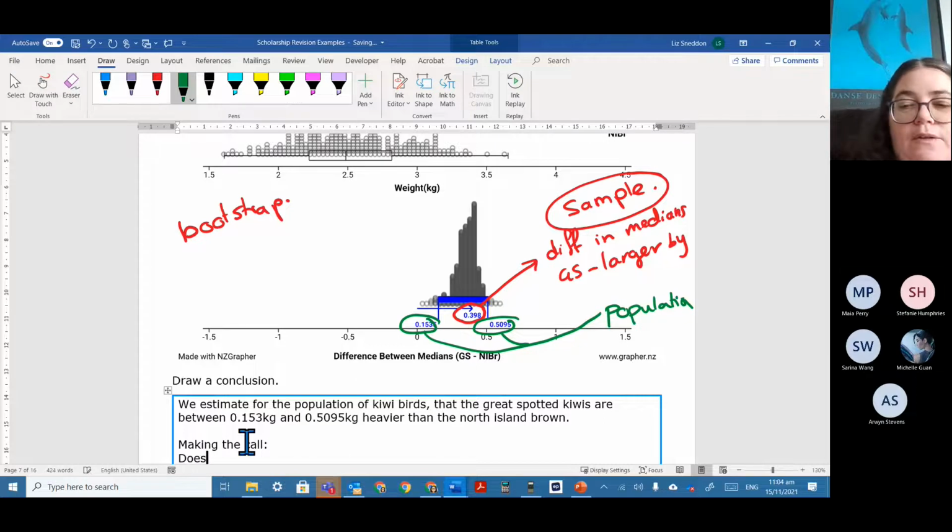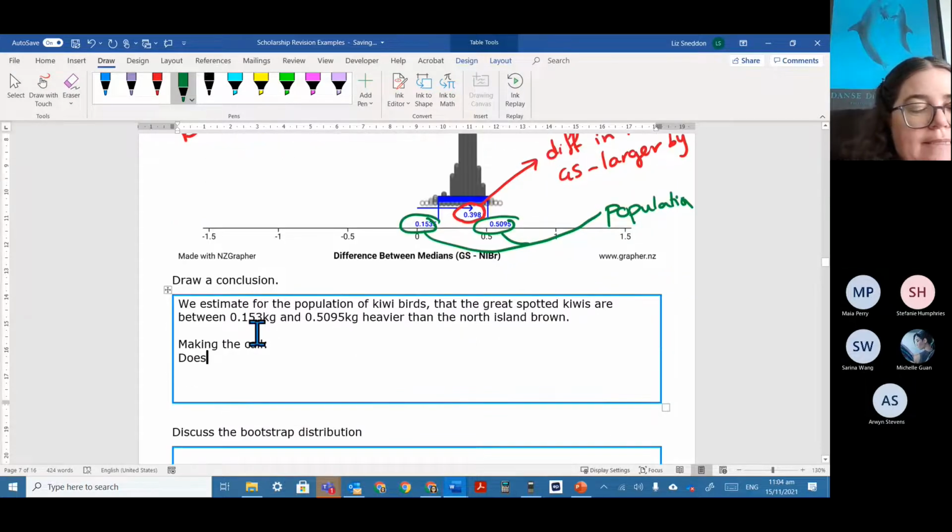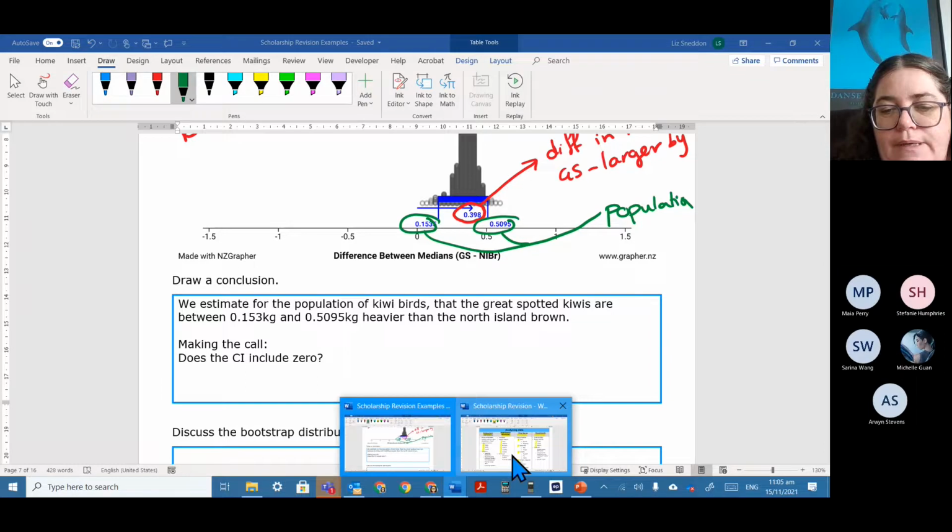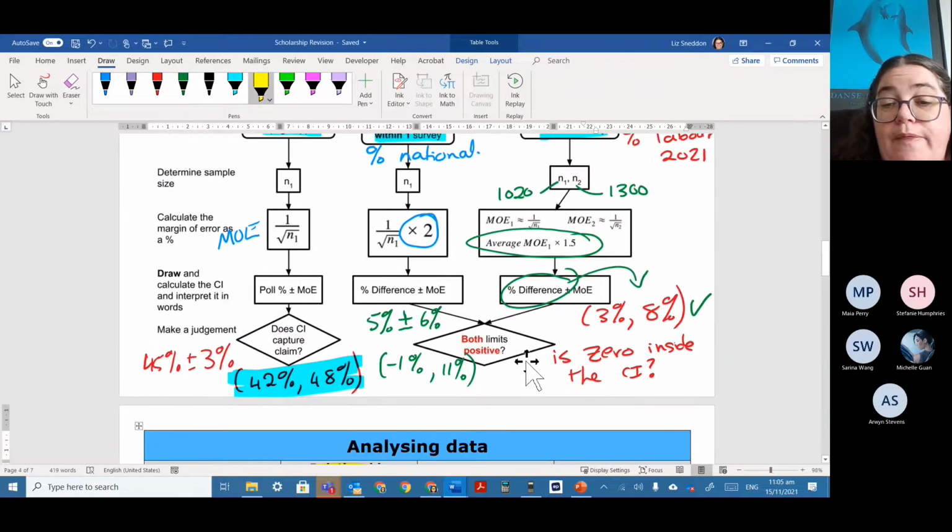So what I want us to look for is, does the confidence interval include 0? So that's that same idea that we looked at with the confidence intervals with margin of error. So let me find that page. That one. Here, when I talked about there is 0 inside that confidence interval, we want to see exactly the same thing happening here. Is 0 inside that confidence interval? Can I make the call?